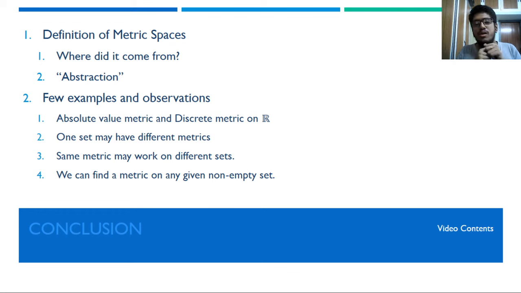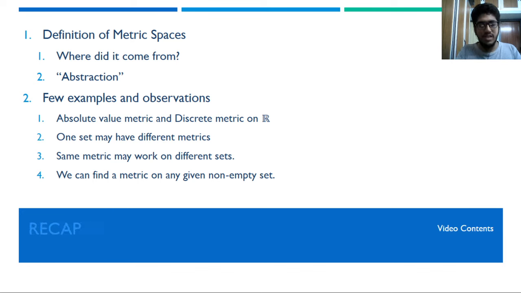Now, Nikita had another doubt if Euclidean metric will work on every set. Euclidean metric will work on real numbers and its Cartesian products, R square, R cube, R to the power n, all of them. You can generalize Euclidean metric to work on each of these sets. So can we continue?